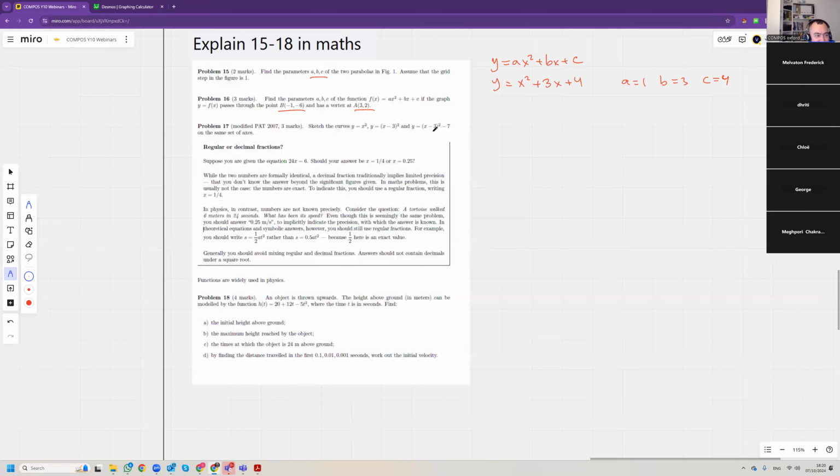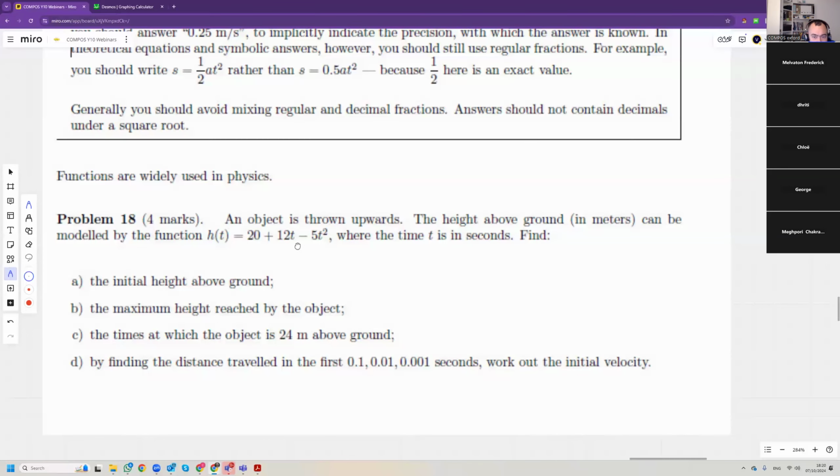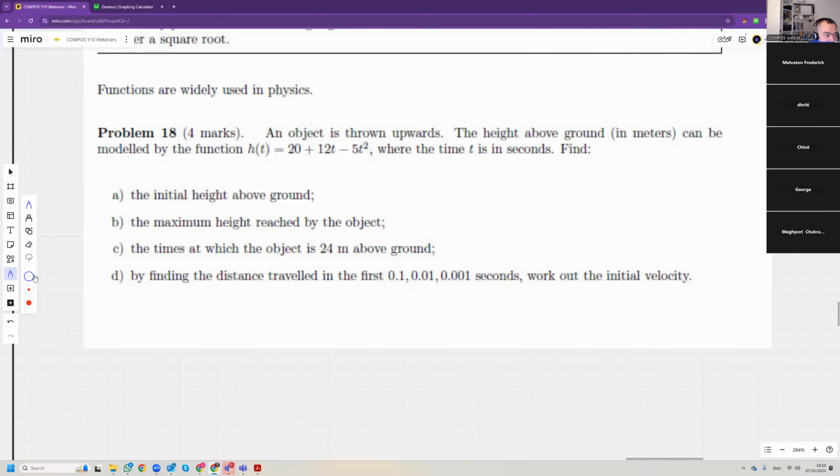Sketch the curves. Well, you can do them point by point if you want, but yeah, same set of axes. An object is thrown upwards. Well, this was the function that you input the time.